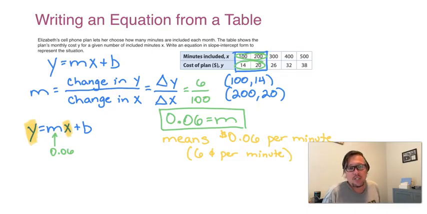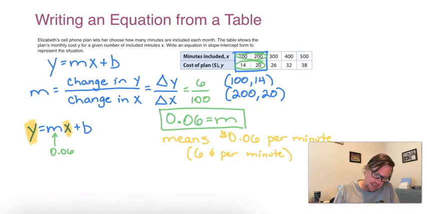Again, if they'll all work, I want to choose the one that's going to be the easiest for me. And so I'm going to choose not only (1, 14) because it's the lowest, but also because multiplying by 100 is pretty easy when we're dealing with decimals. So I'm going to reuse this point, (100, 14). Of course, 100 is the x and 14 is the y.